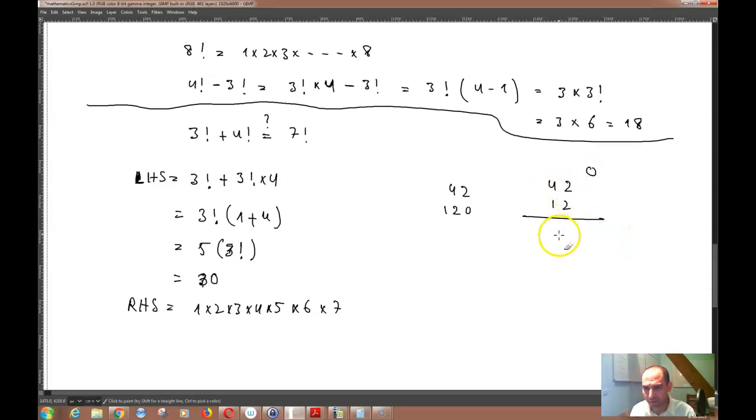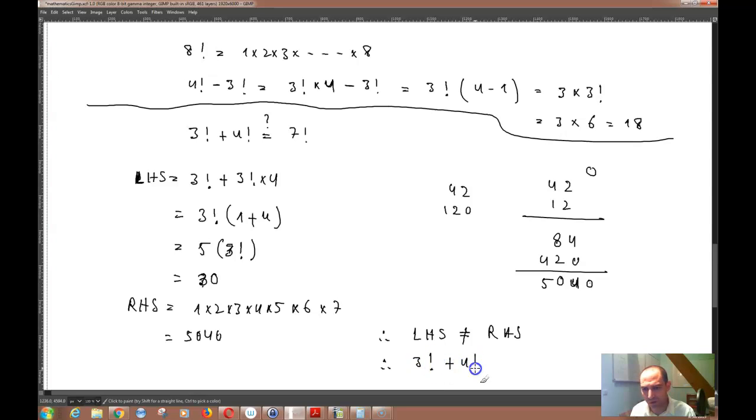And then you have 84, a 0, and 42, so that's 5040. And as you can see, your LHS is not equal to RHS, which means that 3 factorial plus 4 factorial is not equal to 7 factorial.